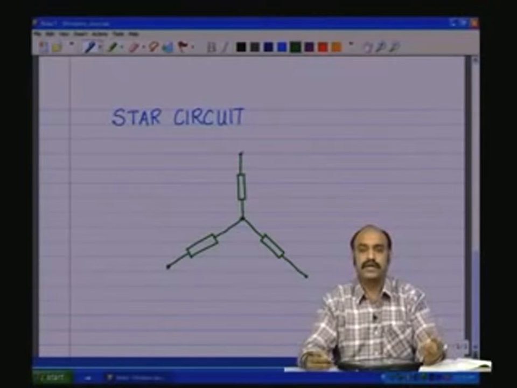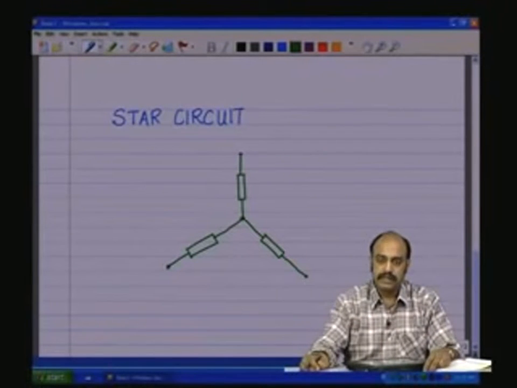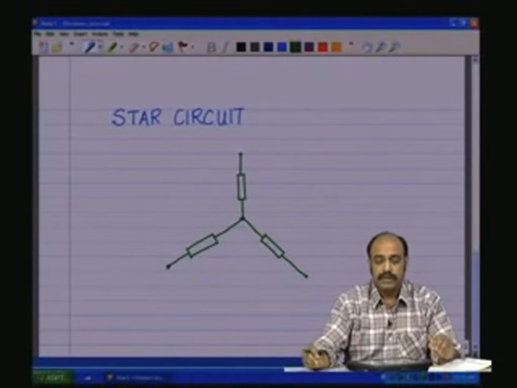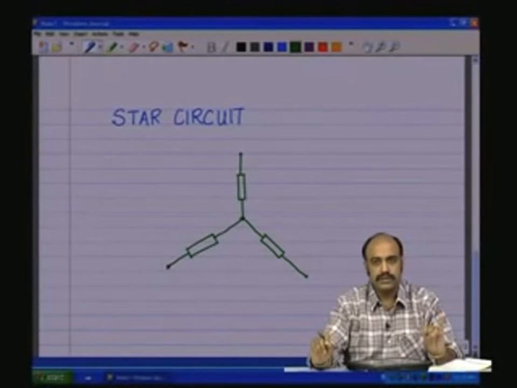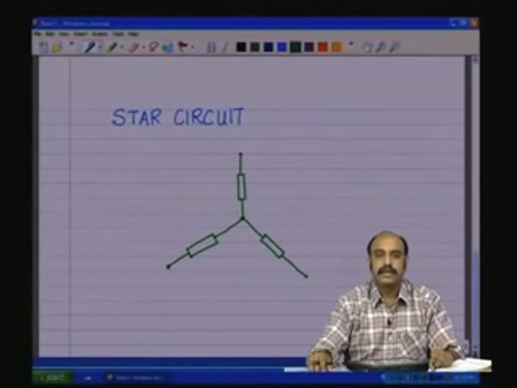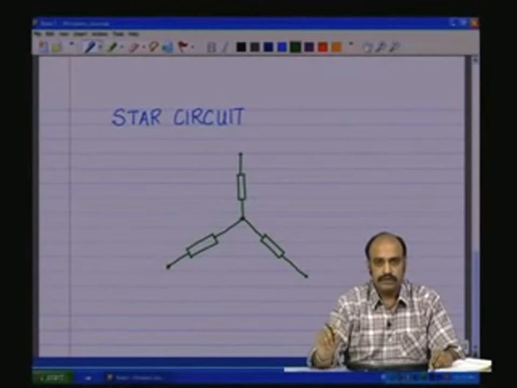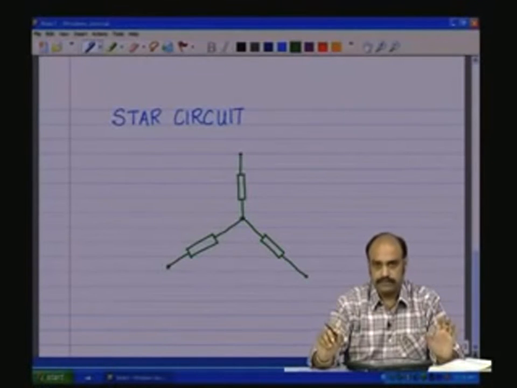In fact, that is the constraint that we applied on a general 3 sources and general 3 loads to obtain the 3 phase circuit. What were the constraints? The first constraint is that the effective values of all the 3 single voltage sources should be the same, or the peak values. And the second is that the phasors of each of the 3 independent sources should be displaced with respect to each other by 120 degrees.